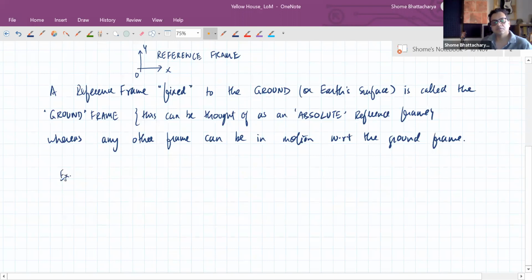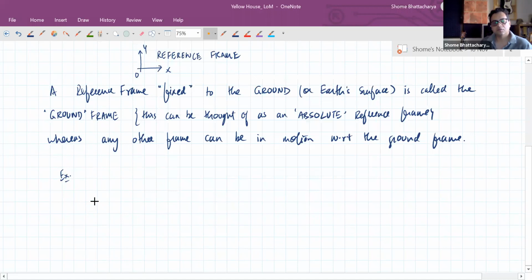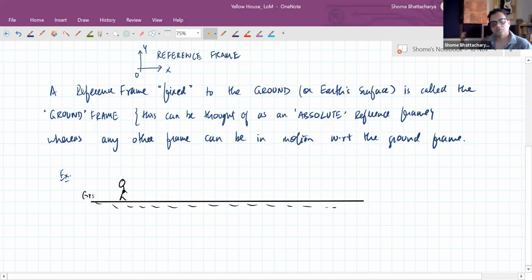So for example, if we have a situation where we have an observer who's stationary on the ground, and we have another observer who is inside a vehicle which is in motion with respect to the ground.